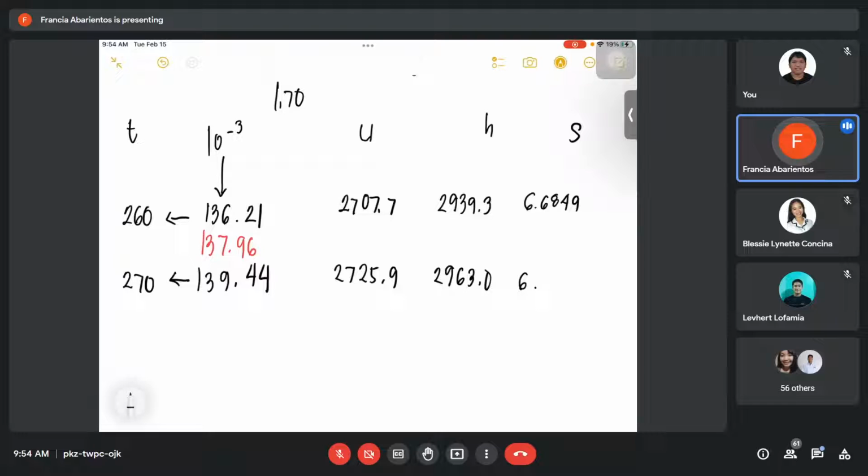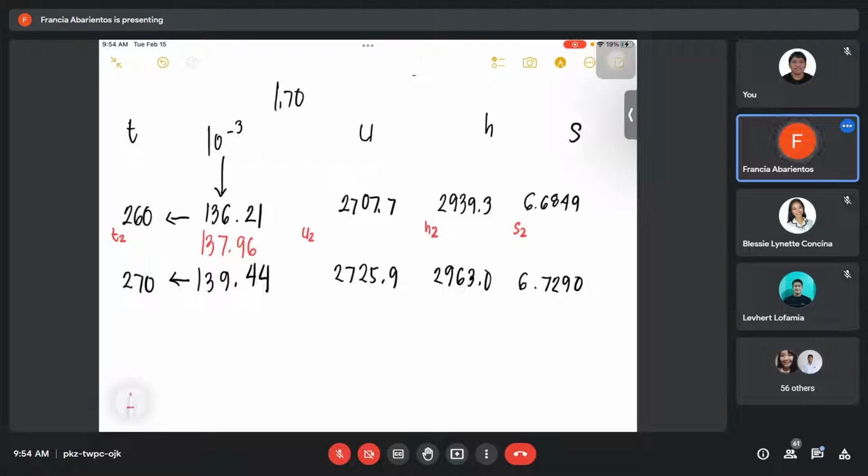The entropy, 6.7219. Ayan o. Bakit nilagay yan lahat ni ma'am? Kasi mag-interpolate na tayo para makuha natin yung mga values. Okay? The U2, the internal energy at point 2, the H2, and the entropy at point 2, and the saturated temperature at point 2. So, yan yung hahanapin natin.